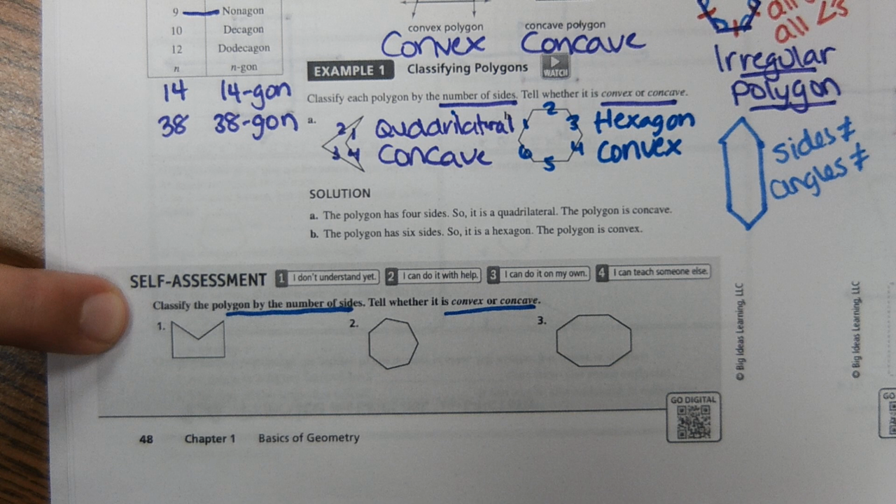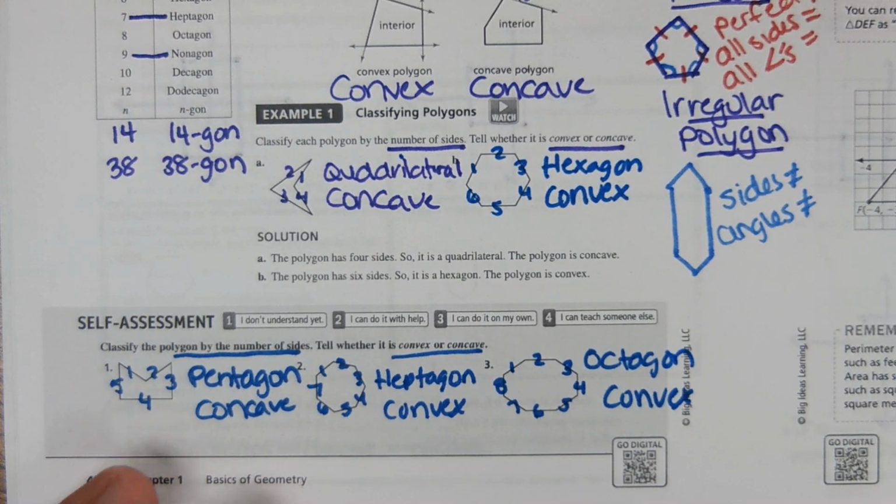So you're counting the number of sides, determining what it is. When you're done, just look up here and compare your answers.